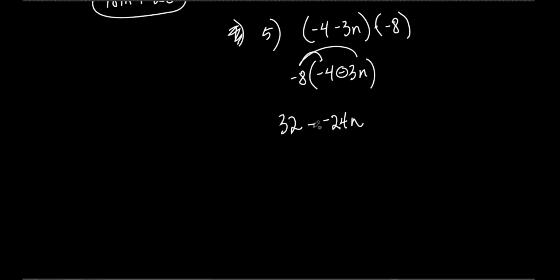What happens when you minus a negative? Right, add the opposite, turns into plus. So if you wanted to write it as nice as possible, this is how we would write it. And that's how I would read it off to you. If I read off these answers, this is how I would read it. I would say 32 plus 24n.